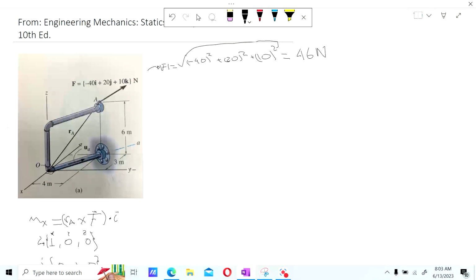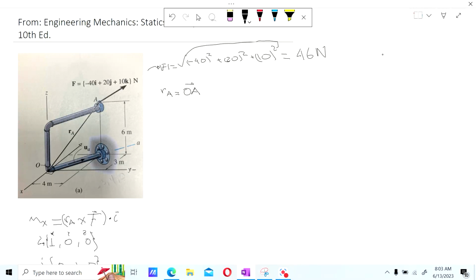First thing we have to do is locate the force. That's always the first step. So RA is equal to the distance from A to O, or basically let's find the vector from the origin O to the point A. So remember, the head of the vector minus the tail of the vector.